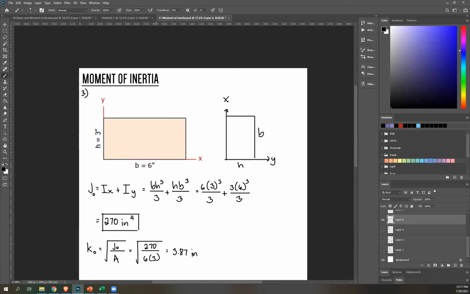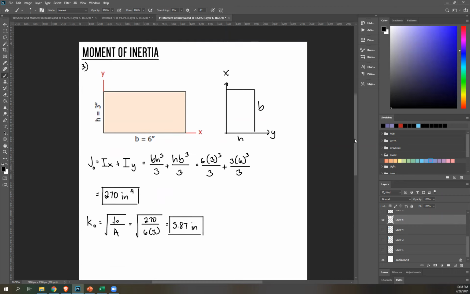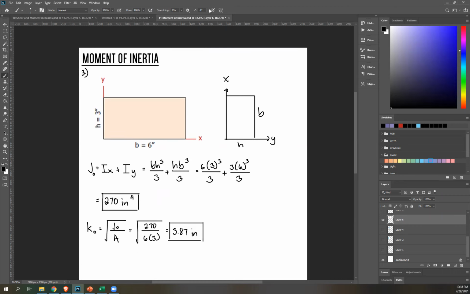Why? This is raised to 4, and area is squared, so you'll get the square root of inch squared, and that's just inches. And that's our answer. Any questions for number 3? Please answer in the chat. Okay, great. Let's move on to the next item.